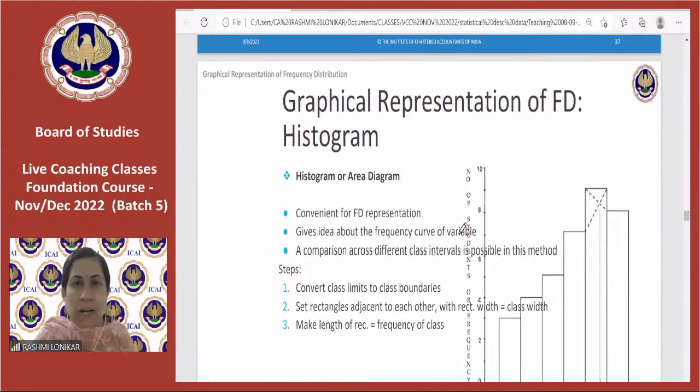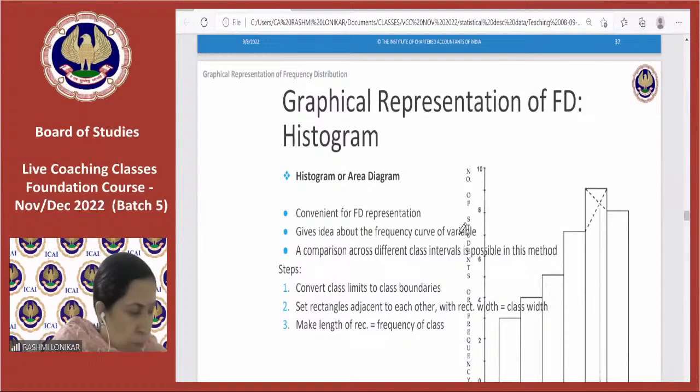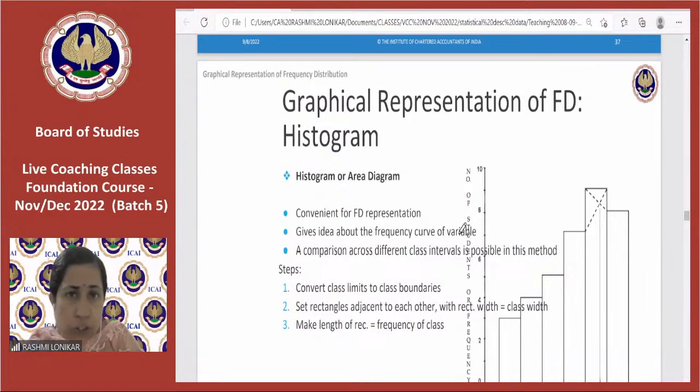Now, once we have prepared the table, we would like to show it in terms of diagrammatic or graphical representation of the frequency distribution. In this case, we can talk about histograms, pie charts, and line diagrams. Then you have cumulative frequency graphs or ogives. We are first going to talk about histogram.